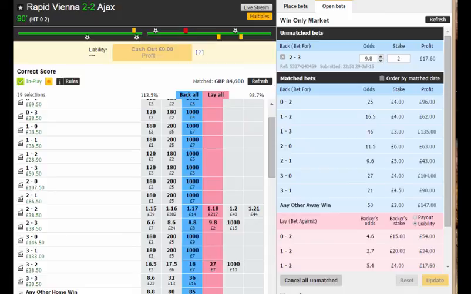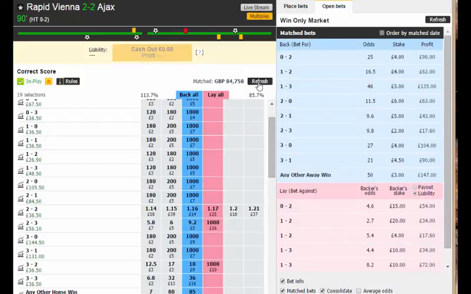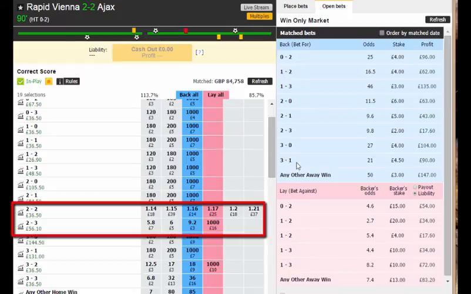And likewise, if Rapid score to make it 3-2, as I said before, we've got something in the region of 62 less 148 less the 62, so around about £84 profit if Rapid actually score.